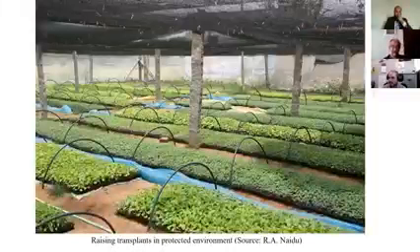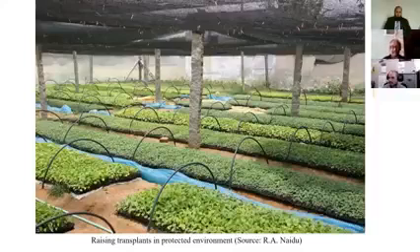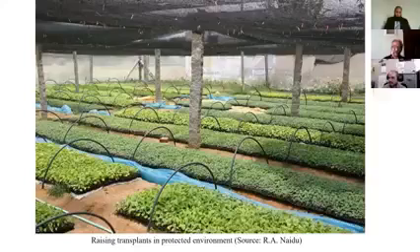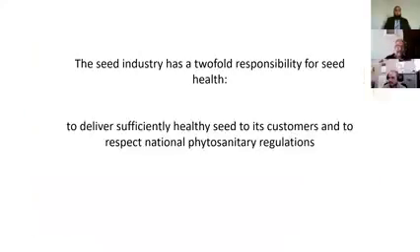And you can see here a lot of seedlings nearby, so the virus can move from one plant to the other if we have seed transmission. And finally, the seed industry has a twofold responsibility for seed health: to deliver sufficiently healthy seed to its customers and to respect national phytosanitary regulations.